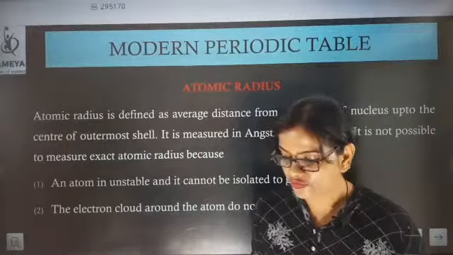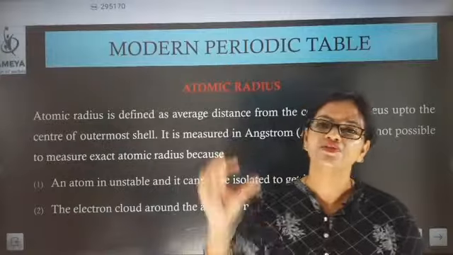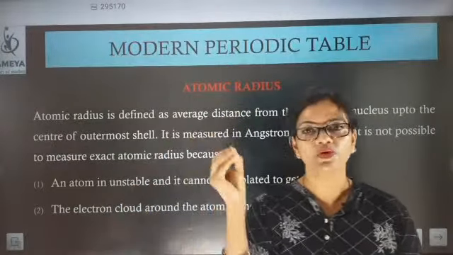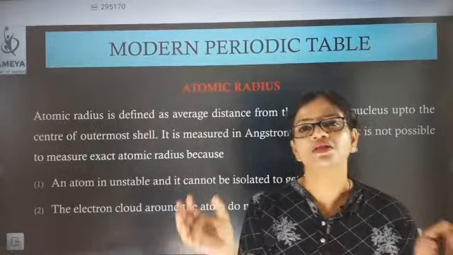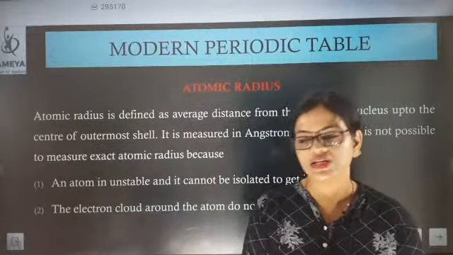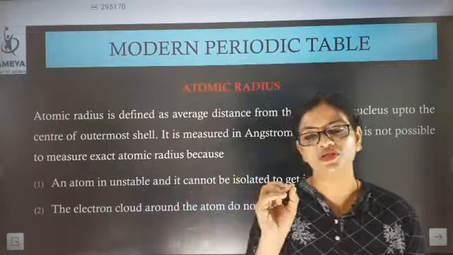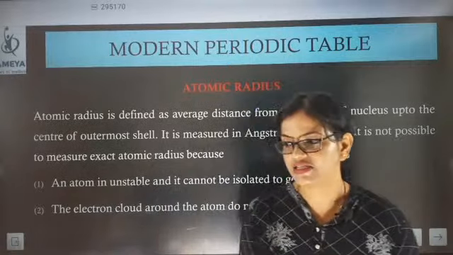I'm just repeating: the proton in the nucleus exerts an attractive force on the electron, and that is exactly called nuclear charge. Fine. So that was the first thing we discussed in yesterday's class.